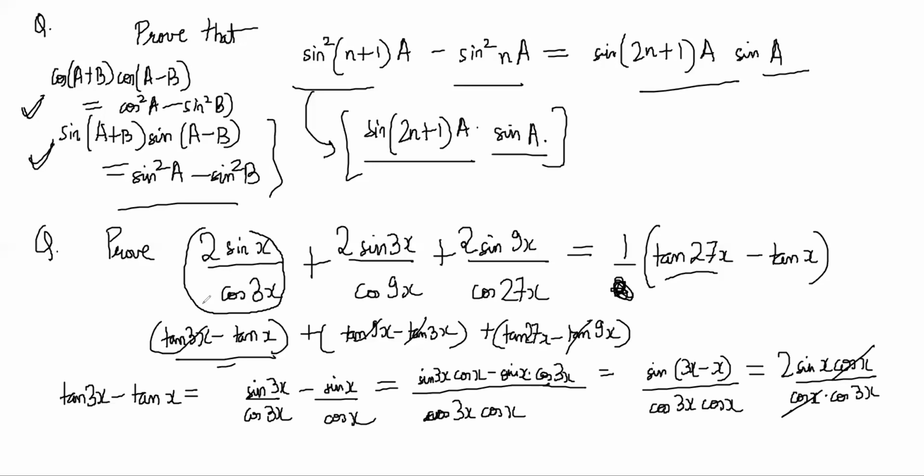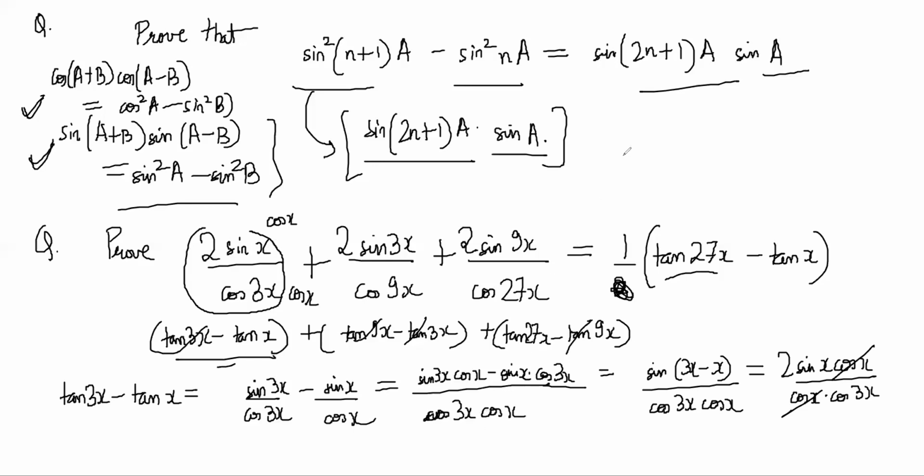You understand what has happened? Yes, I understand. So basically, if I have to write the solution properly, I will just say multiply and divide by cos x, so this becomes sin 2x, which can be written as sine of (3x minus x), right?